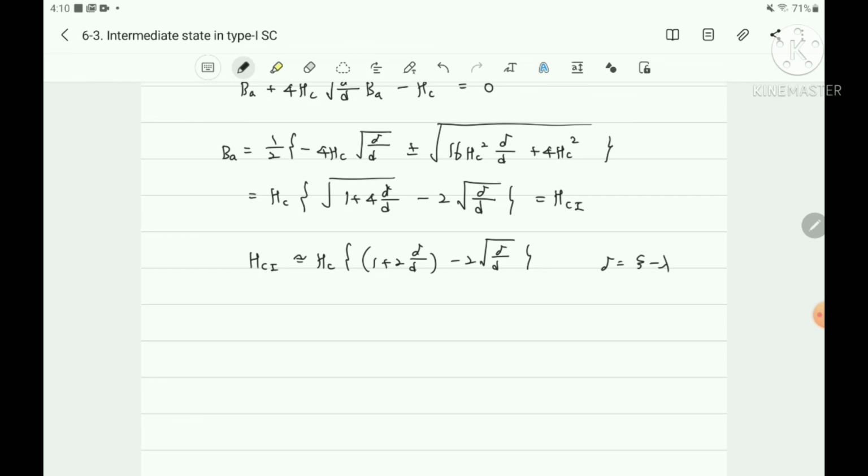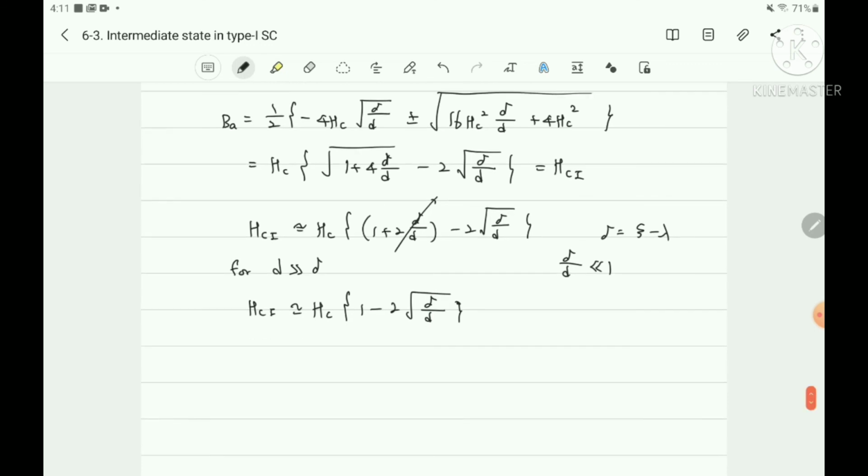Delta is very small and d is very large, so this term is very small. Therefore we can exclude this term, and Hci, for d very much larger than delta, is close to Hc times 1 minus 2 square root delta over d, and it is the critical magnetic field at the intermediate state.